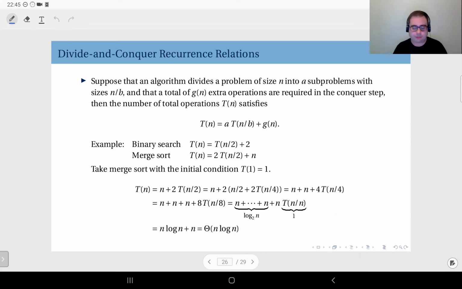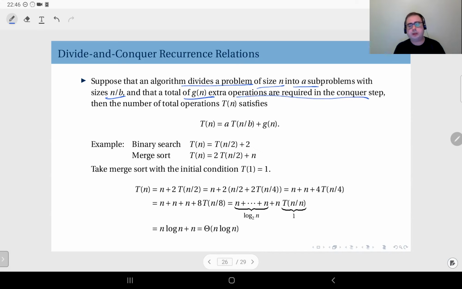In the general context, suppose that an algorithm divides a problem of size n into a subproblems with sizes n over b, and that a total of g of n extra operations are required in the conquer step.